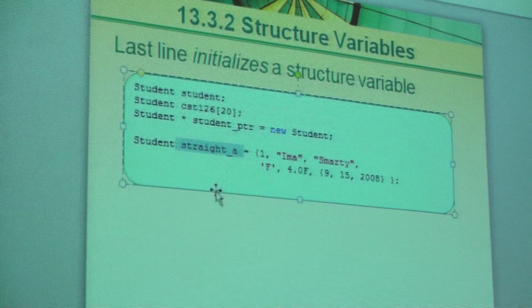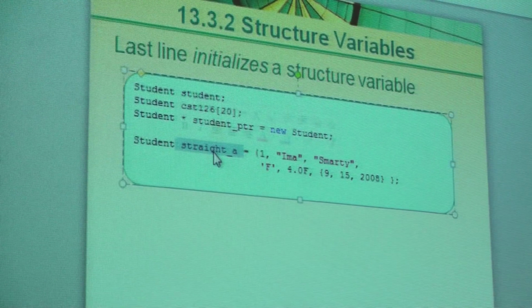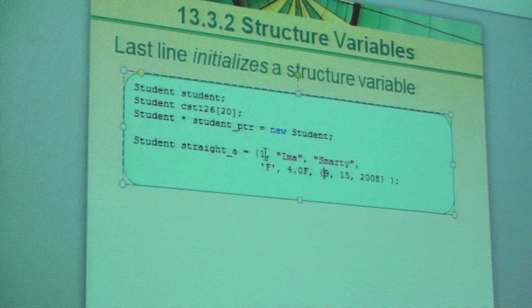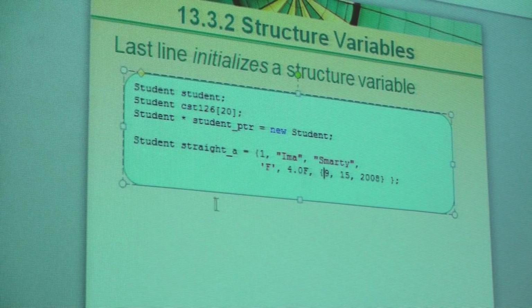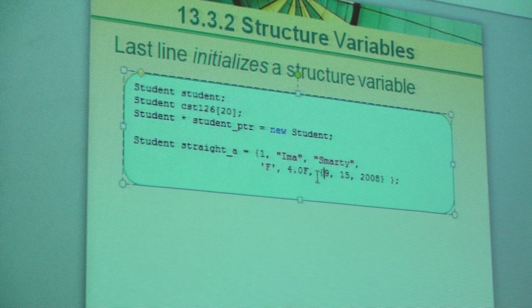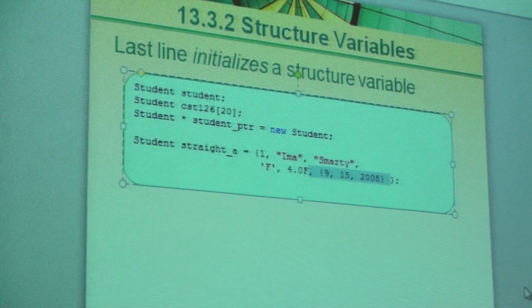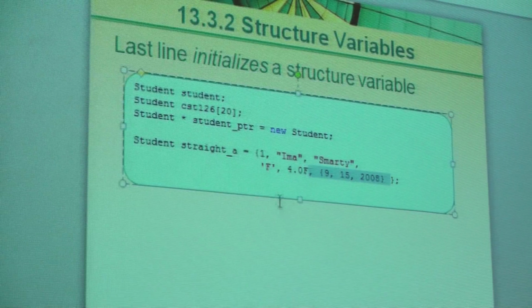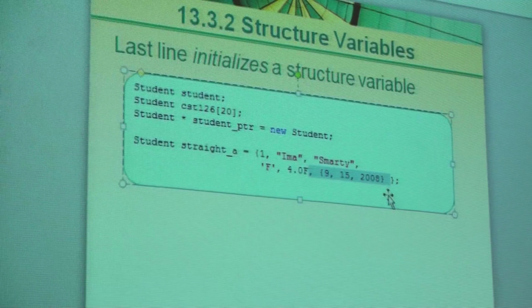So we have student data type, the variable is straight A, and we initialize the first member, second member, third member. Notice that here we have a nesting, don't we? We're nesting the date, one of the dates in here. Okay? And we signify that.